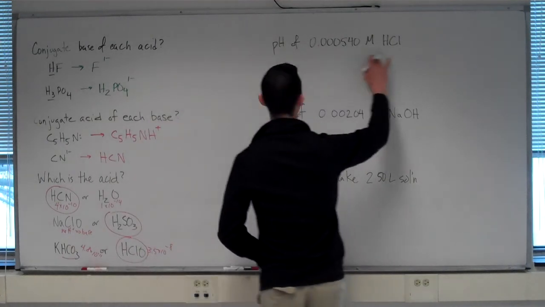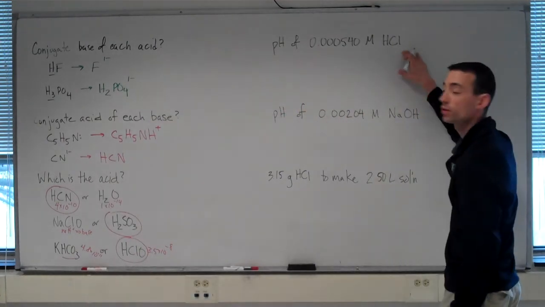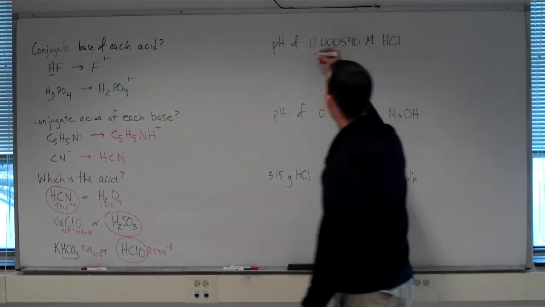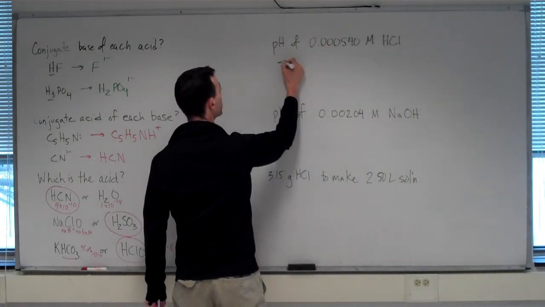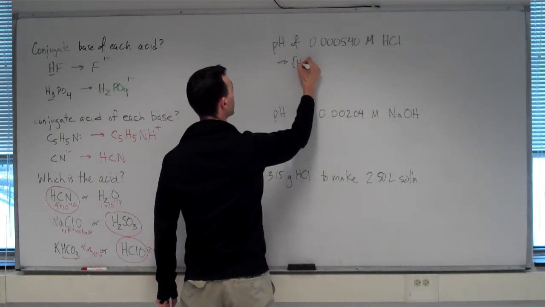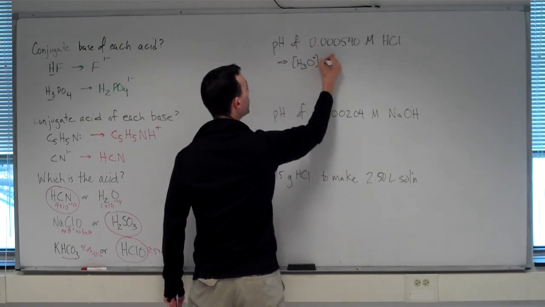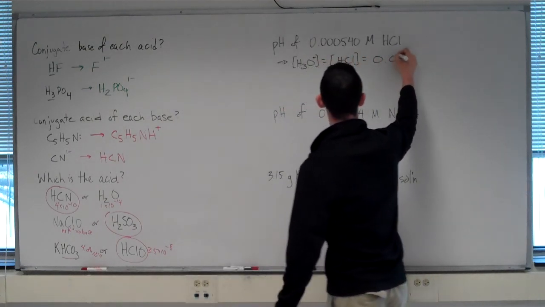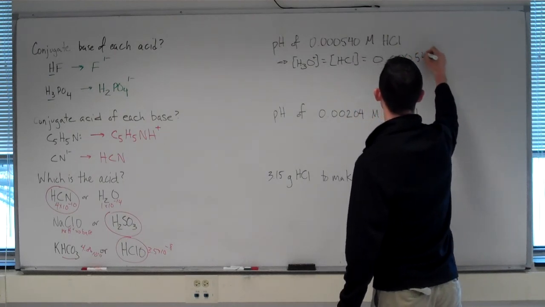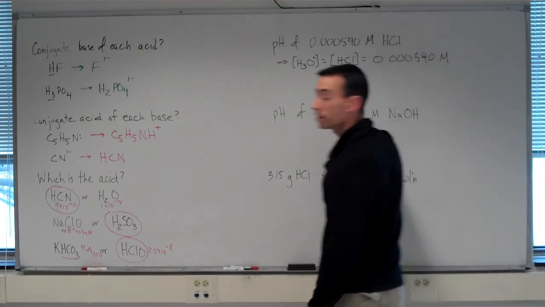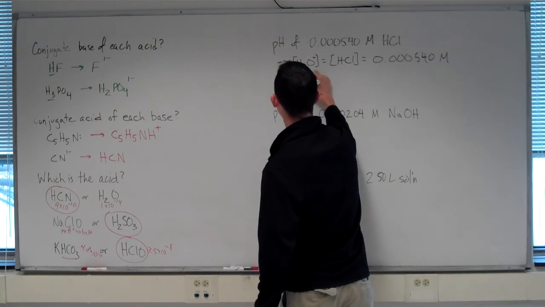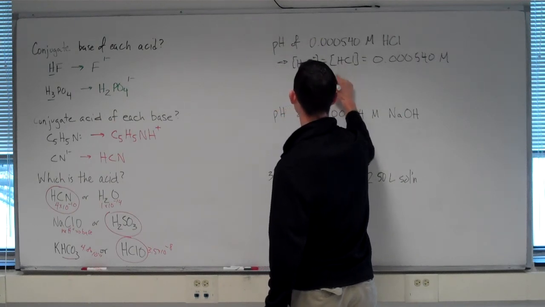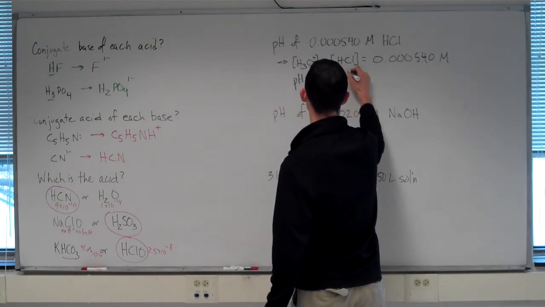So we get complete dissociation of hydrochloric acid, meaning that our H3O concentration equals the HCl concentration. So 0.000540 molar. And then the pH is simply found very quickly by taking the negative log of that value.